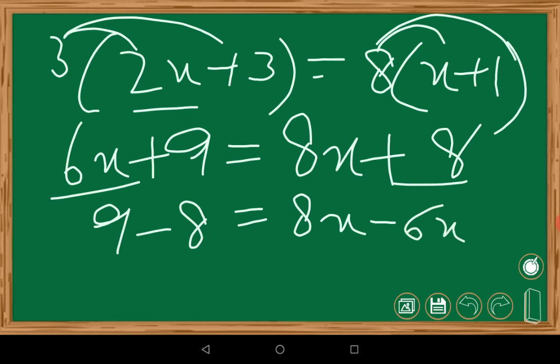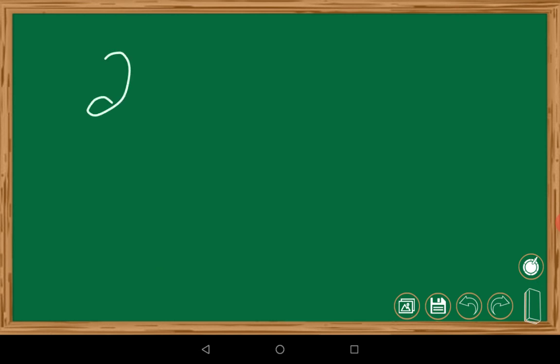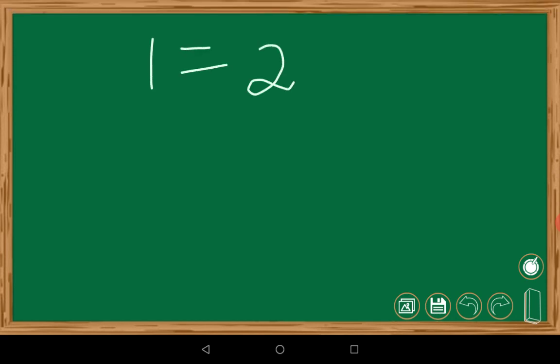Okay, yeah. Now 9 minus 8 is 1, and 8x minus 6x is 2x. Okay, so 1 is equal to 2x we got. We can also write it the opposite way, that means 2x is equal to 1, but you cannot change any sign.